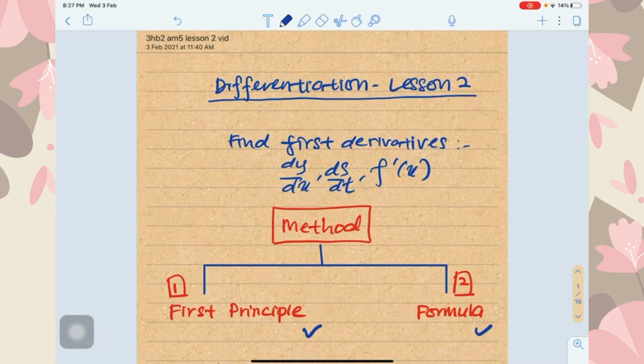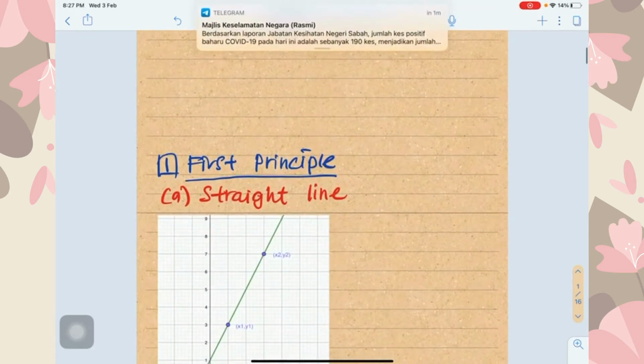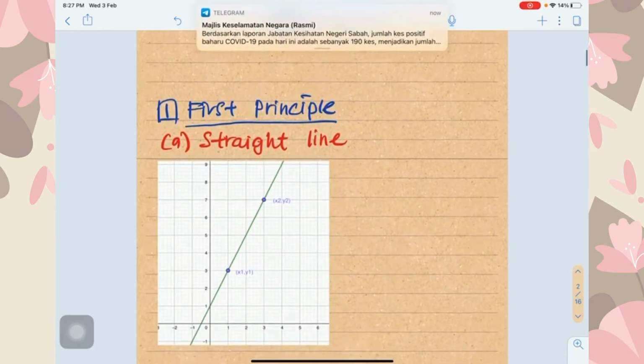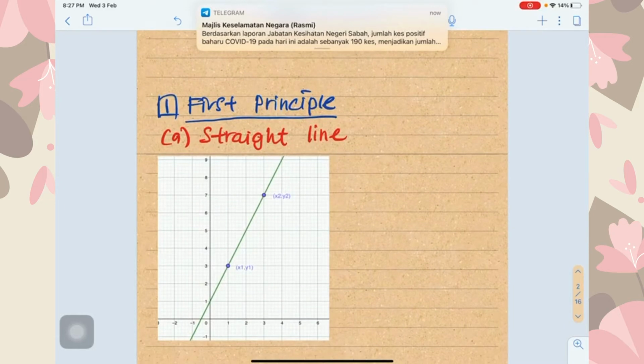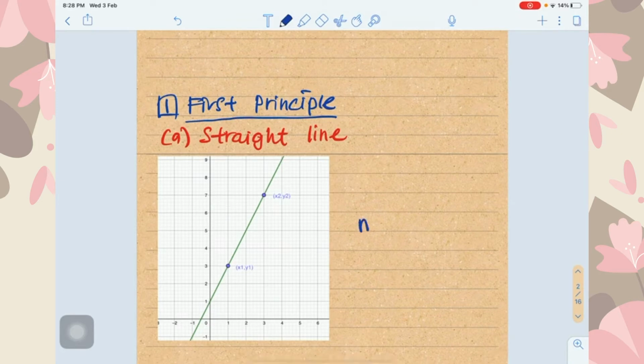Previously, you have learned in the topic of straight line or coordinate geometry to find gradient. Here we have straight line y equals mx plus c with points (x1, y1) and (x2, y2). To find gradient, we have the formula m equals y2 minus y1 over x2 minus x1.